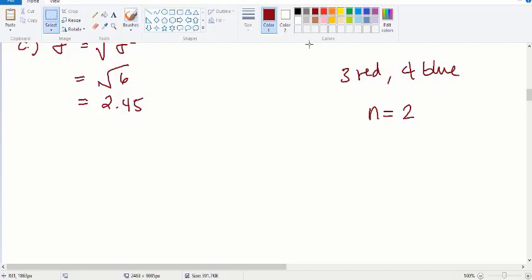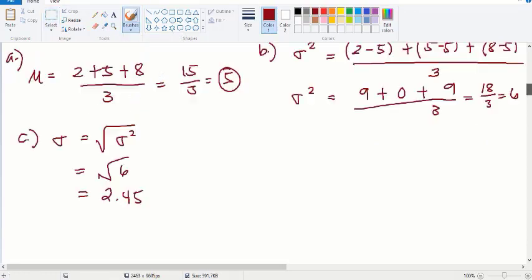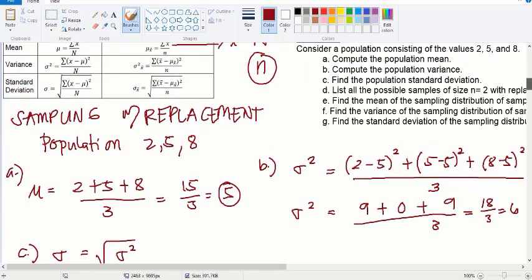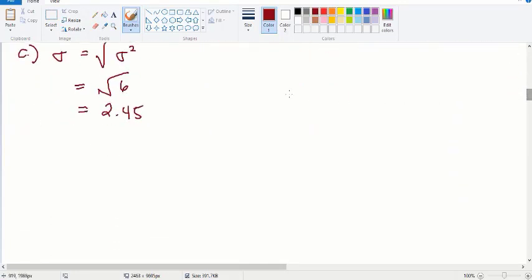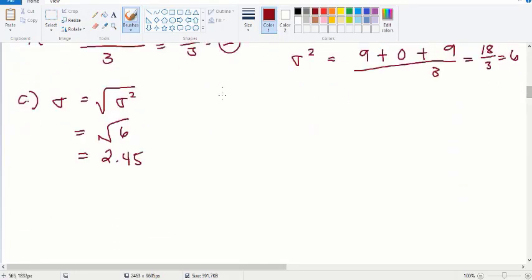Okay? So, let me delete these things. And let's try to list all the possible samples, size is equals to n equals 2. Let me try it here. Tingnan natin kung may enough space ba ako. D. So, ang sample size natin is 2. So, ang possible samples natin is, what again? 2, 5, 8 yung ating population, no? So, meron tayong 2 and 2. Tama man? 2 and 2.